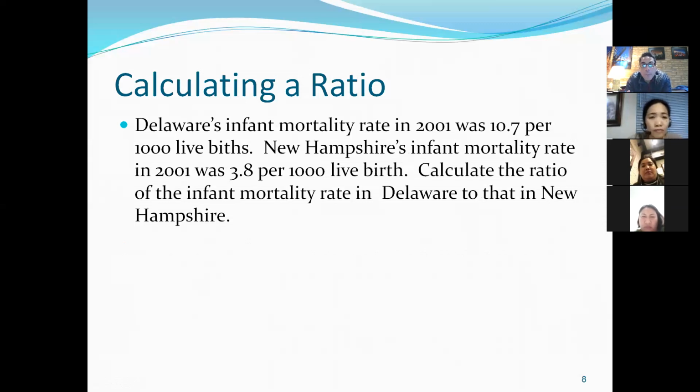And New Hampshire's infant mortality rate in 2001 was 3.8 per 1,000 live births also. Calculate the ratio of the infant mortality rate in Delaware to that in New Hampshire. What would be your answer to that?